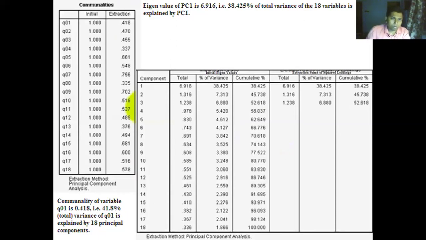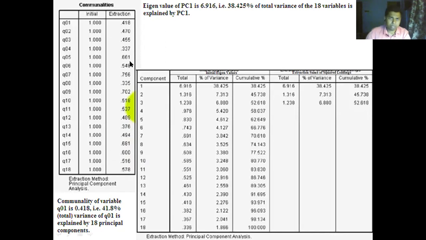Now you can see that in this particular problem, there were 18 original variables, or observed variables. After implementing principal component analysis, these are the values of the extraction.